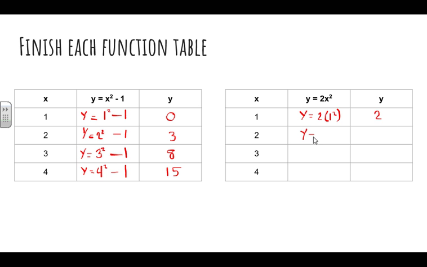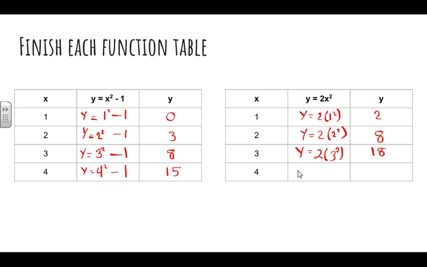If x is 2, our function will look like y equals 2 times 2 squared. 2 squared is 4. And then 4 times 2 is 8. If x is 3, our function will be y equals 2 times 3 squared. 3 squared is 9. 9 times 2 is 18.